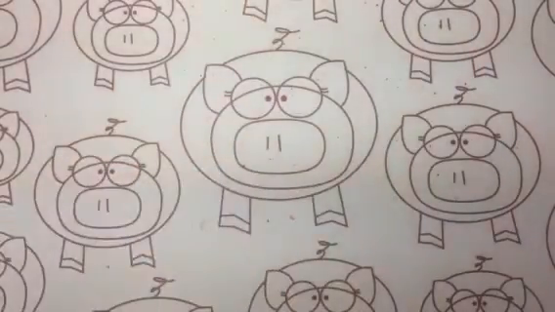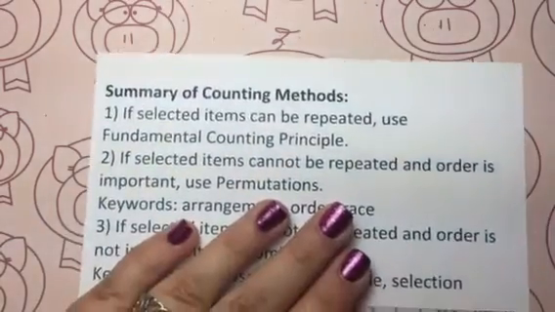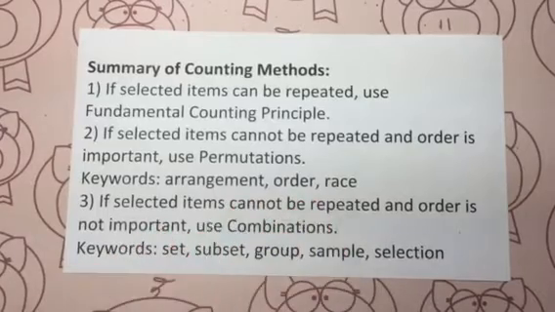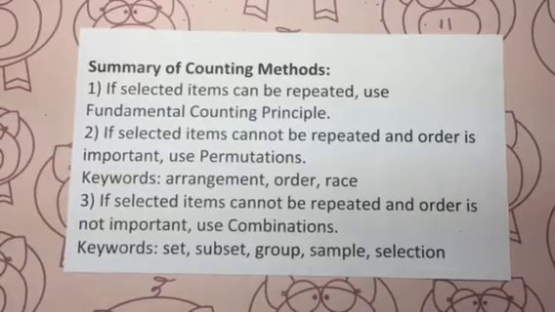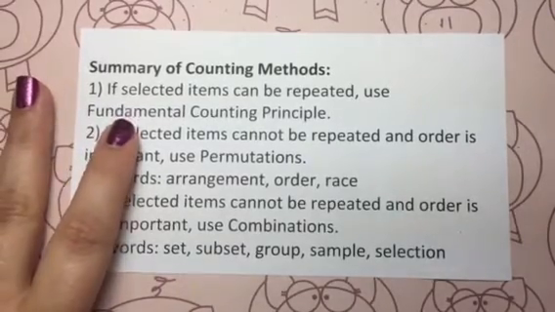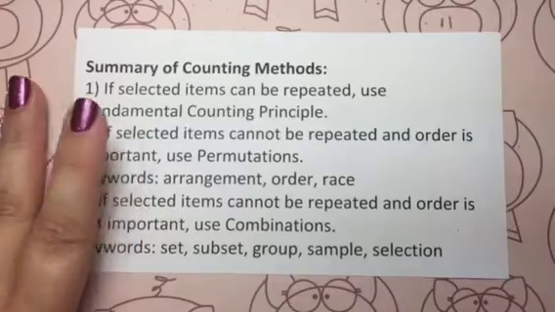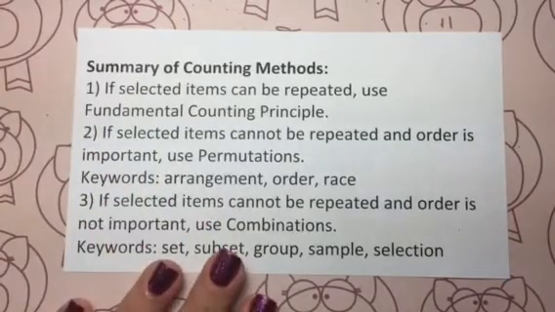We've gone over 3 different principles. Let me give you a summary, and this is what you really want to use. If you're working on a problem and repetition is allowed, then you're going to use the fundamental counting principle. When we're doing combinations and permutations, we're not allowing repetitions, right?